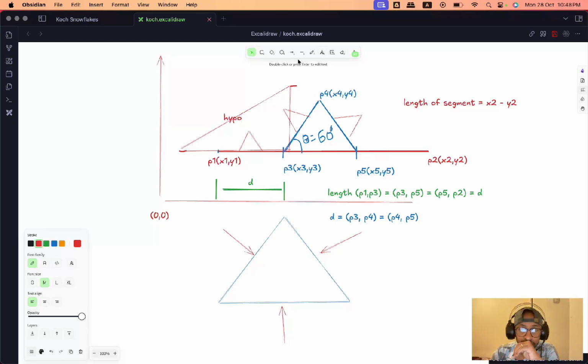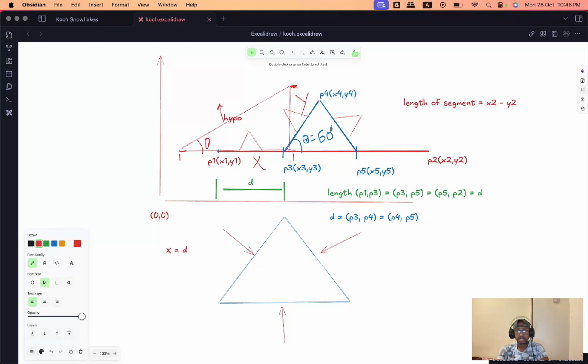So if we have this one, and if we know the angle here, and the length of the hypotenuse, then I can find the distance from this point to this point, and the distance from this point to this point. Let's call this capital X and this capital Y. We can use basic trigonometric functions.